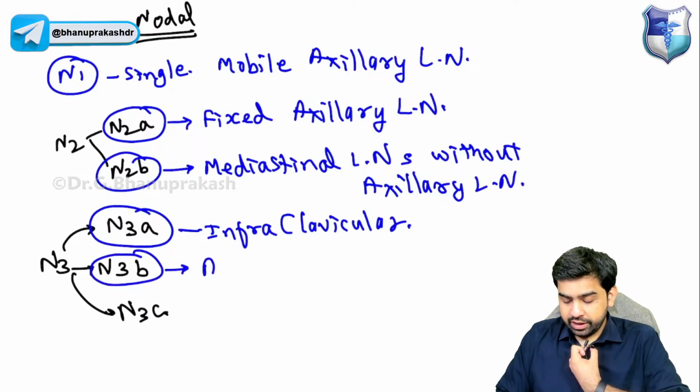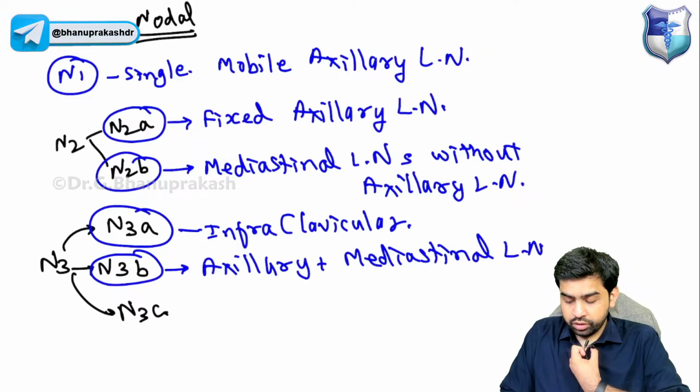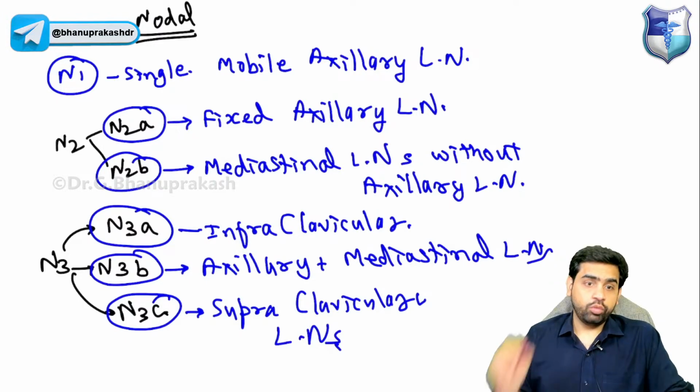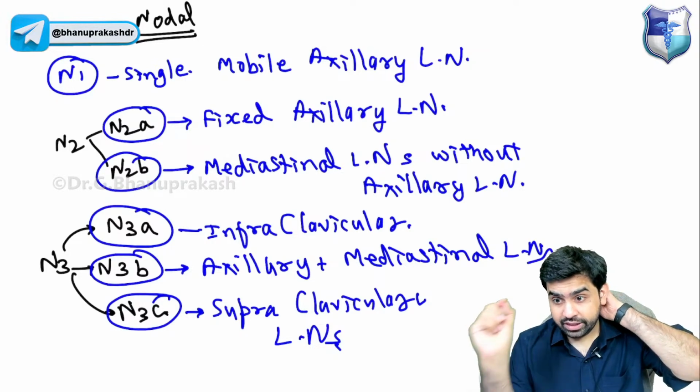N3B is axillary plus mediastinal lymph nodes. What is N3C? It is supraclavicular lymph nodes. You understand my point? So we have N3A, N3B, N3C.